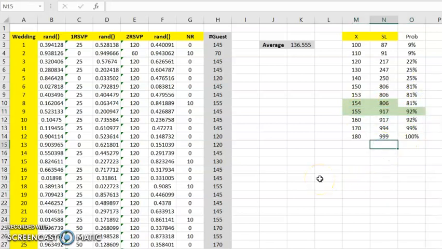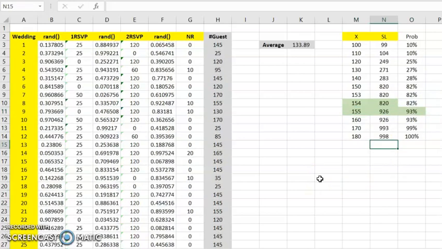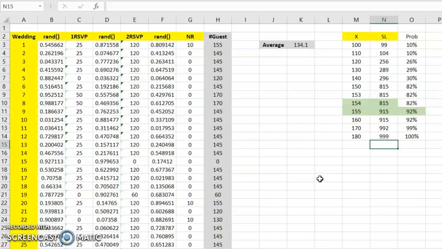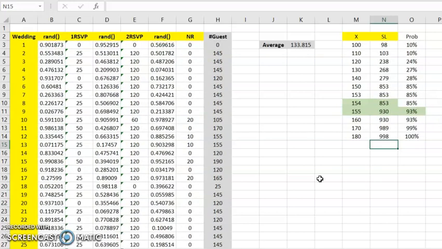And now I'm gonna run the model more times, and you see 92, 93, 94. So it means that according to this system we need to be prepared for 155, because according to that simulation that you see in front of you, 93% of the situations out of 1000, the number of guests are equal or less than 155.